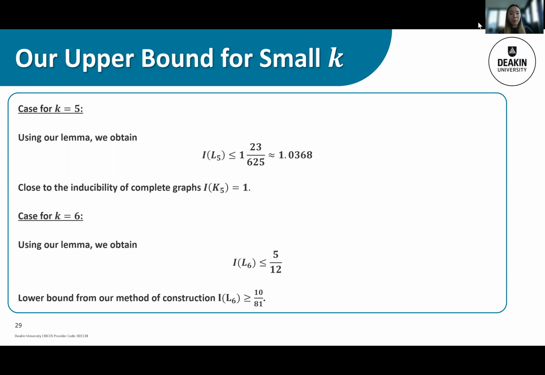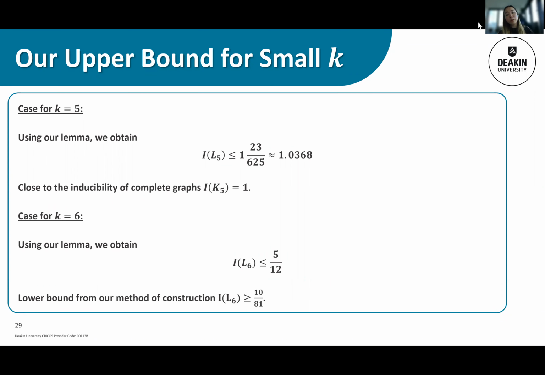Using our lemma, we get the upper bound, which can be seen is close to the inducibility of complete graphs. That's a very promising result. And for the case of k equals 6, from our upper bound, we get 5/12.